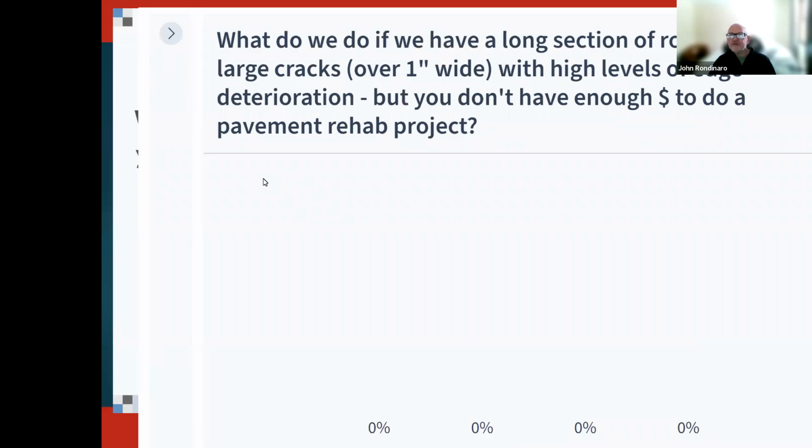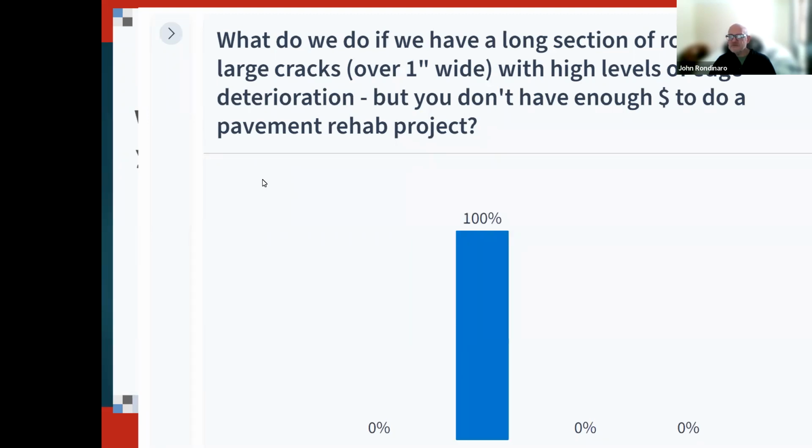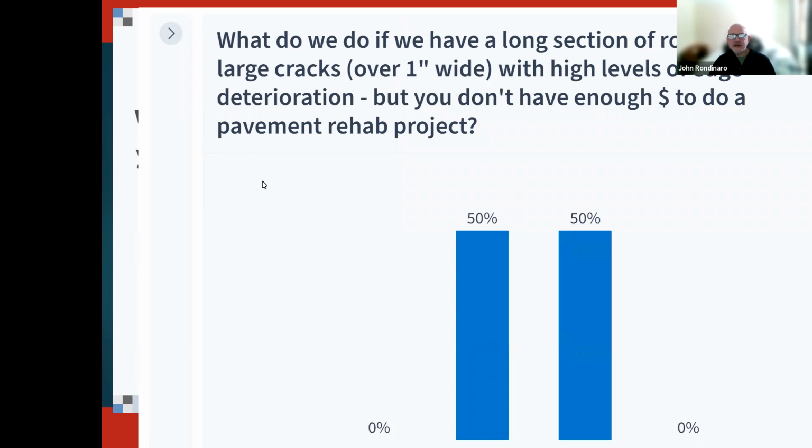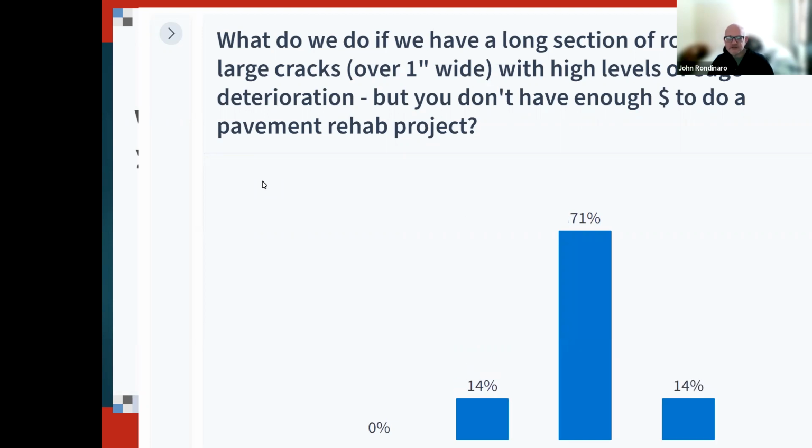So what do we do if we've got a long section of road with large cracks? They're over 1 inch wide, and we've got high levels of edge deterioration. It's a really severe crack, but you don't have enough money to do a rehab. In terms of our answers, we're talking crack seal, cry, do nothing.